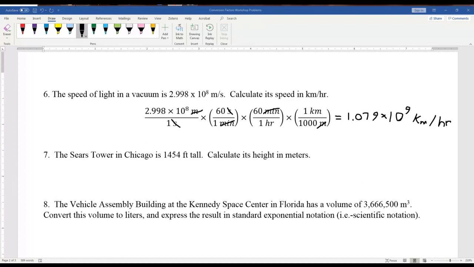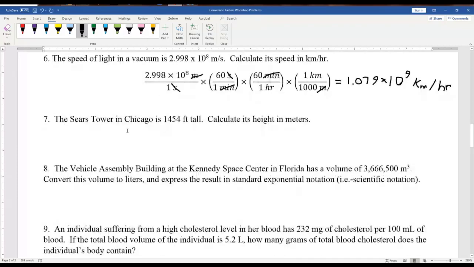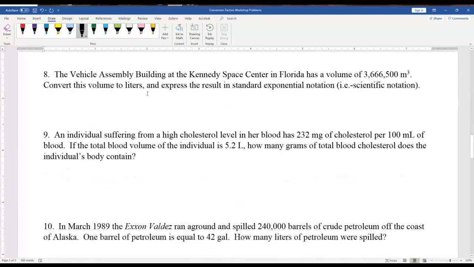Awesome. All right. So I do want to go over converting cubic units because this is a little bit of a tricky one. So let's skip ahead to number 8. It says the vehicle assembly building at Kennedy Space Center in Florida has a volume of 3,666,500 meters cubed.